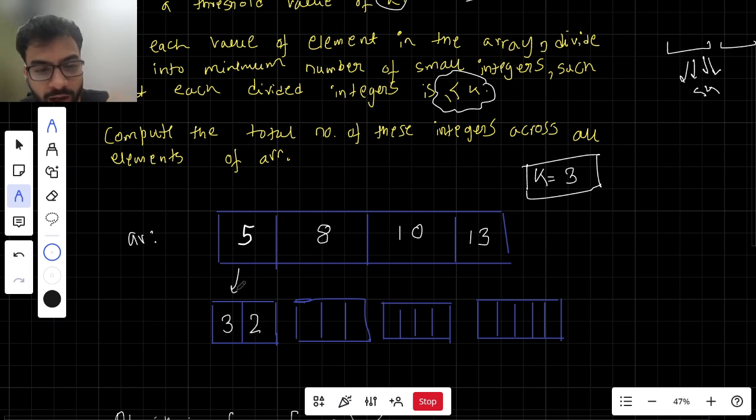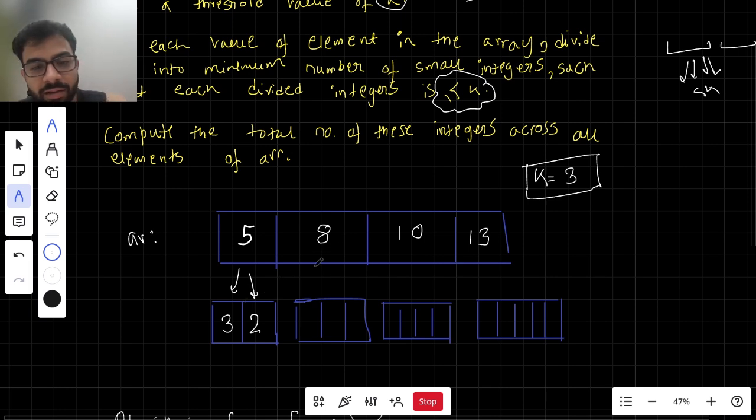So 3 plus 2 is 5, and k is 3, so 3 is less than or equal to 3. That means I can take a 3, and I am left with a 2, because I can't take any larger value. I can take 1, but if I take a 1, it will not fill the value, and the condition is you have to fill with the larger values.